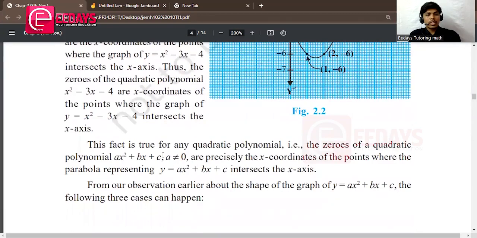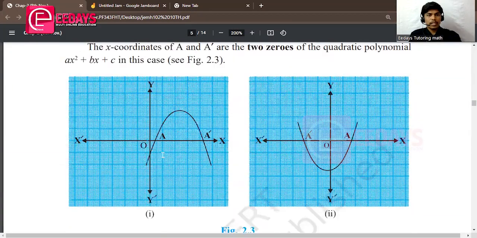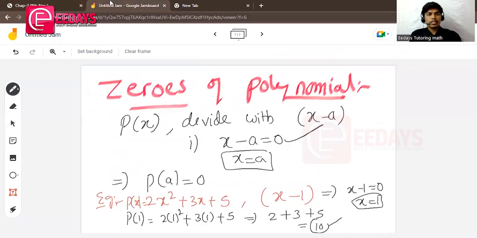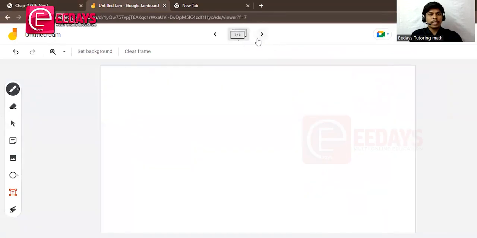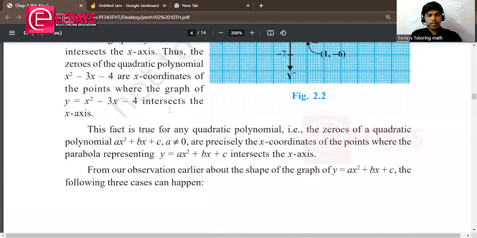So here we need to identify, in case one, how to find the zero. Observe carefully. The graph cuts the x-axis at two distinct points.